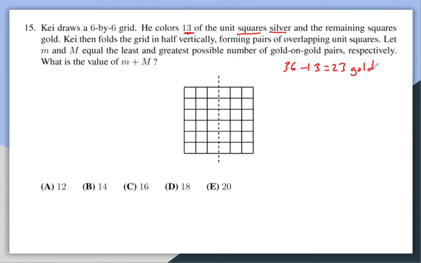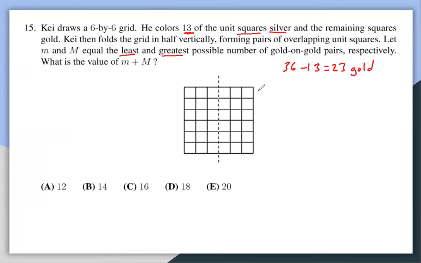Okay, and he wants to fold the grid halfway vertically, which is through this line, forming pairs of overlapping unit squares, and m and M equal the least and the greatest number of possible gold-gold pairs, respectively.